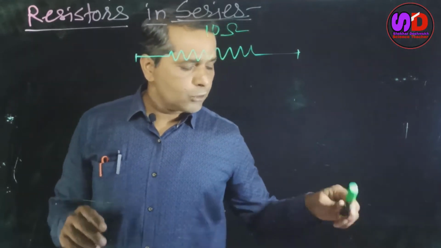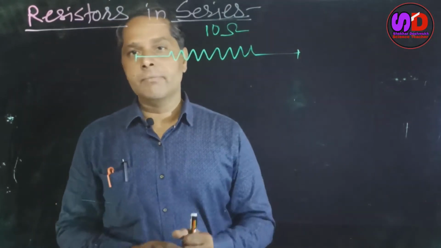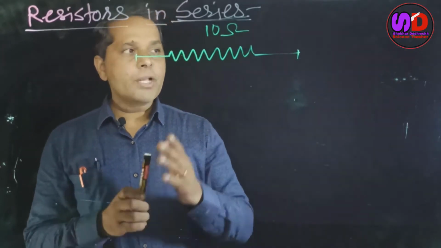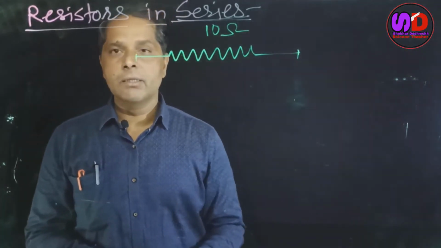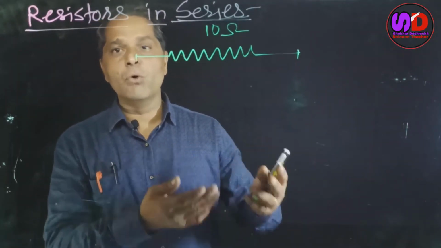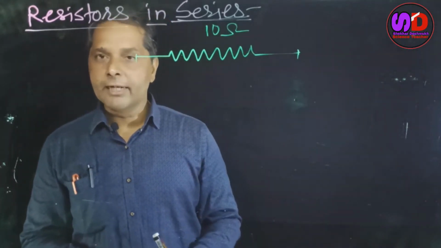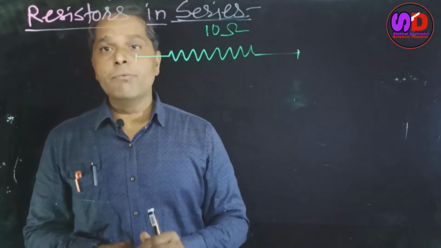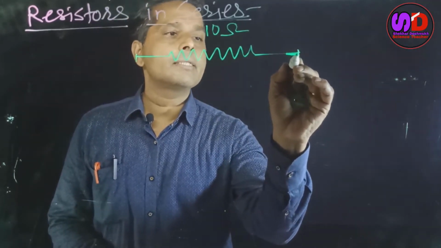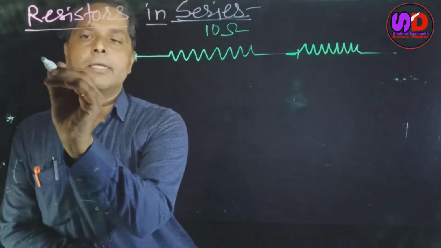So what is the actual meaning of series combination? Series means one after another. We know resistance has two ends. If we combine so many such resistances, no problem if you connect two, three or four resistors, but if we combine them one after another, that means head to tail combination, suppose I connect another resistance here, another resistance here.